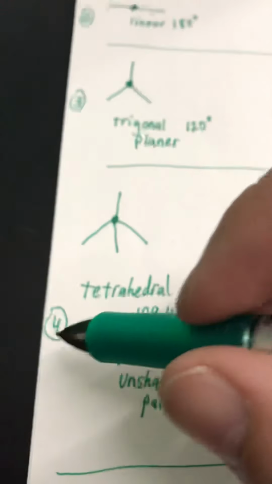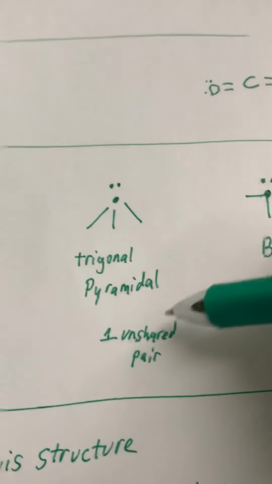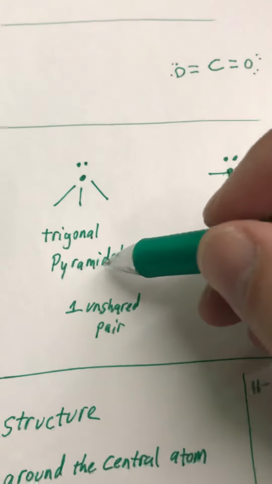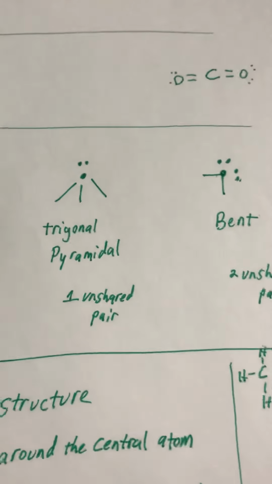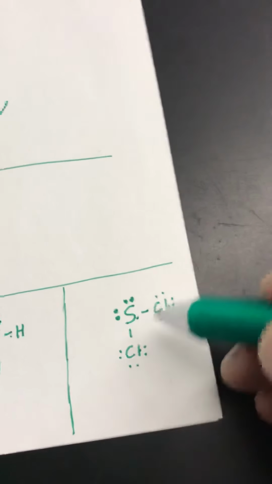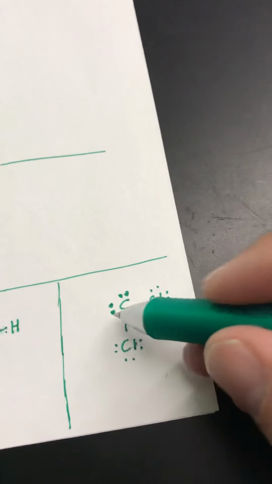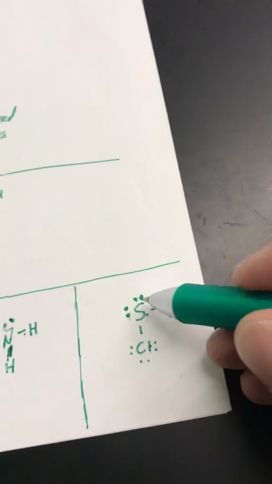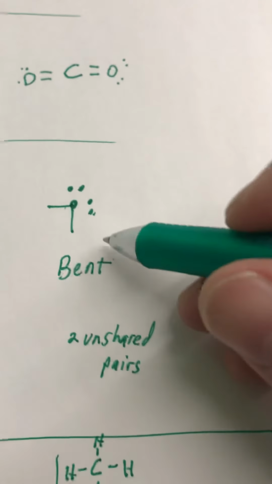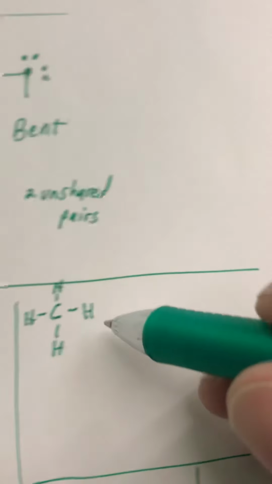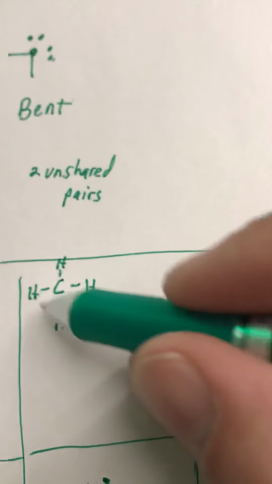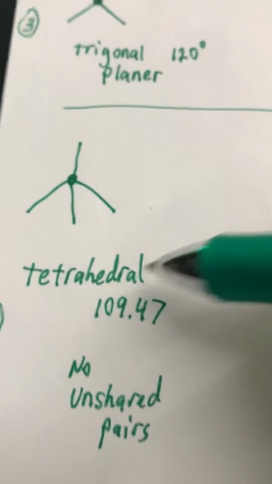So we would go to 4 domains, 1 unshared pair, that would be trigonal pyramidal with a bond angle of less than 109.47. You can see some other ones, SCl2. 1, 2, 3, 4 domains, but 2 of them are unshared pairs, that would be bent. Or you could see CH4, there's 4 of them, but there's no unshared pairs, that would be tetrahedral.